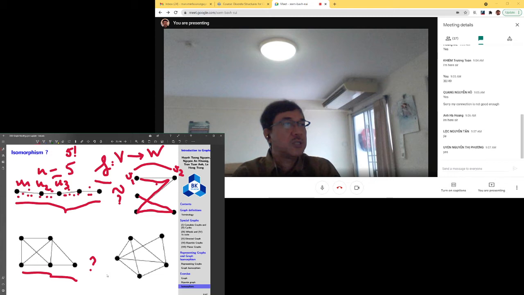But somehow, if you look here, you see that the degree of the node here may not be the same, or are they the same, etc. So to check non-isomorphism is sometimes easier, because if there is a certain property of the graph that the first graph fulfills, but the second graph does not fulfill, then we say that the two graphs are not isomorphic.